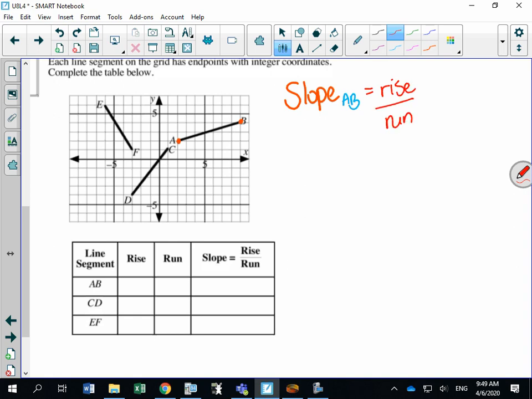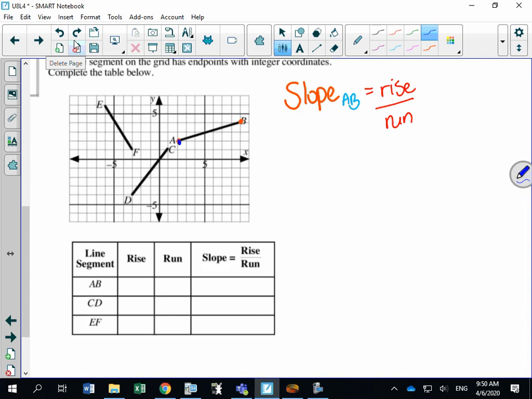So what I need to do is figure out, going from point A to point B, how much am I going to rise and how much am I going to run? So I'll show you what I mean. I'm going to start at point A, and I'm going to rise 1, 2, nope, I'm only going to rise 2. Let me get rid of that.